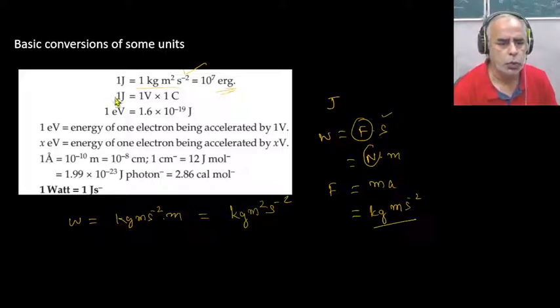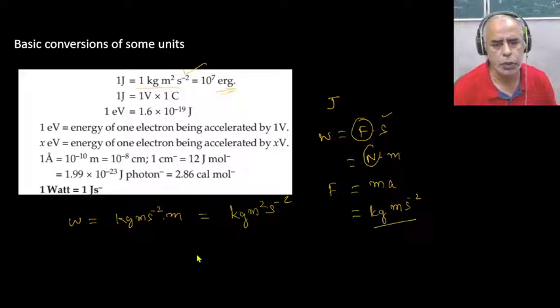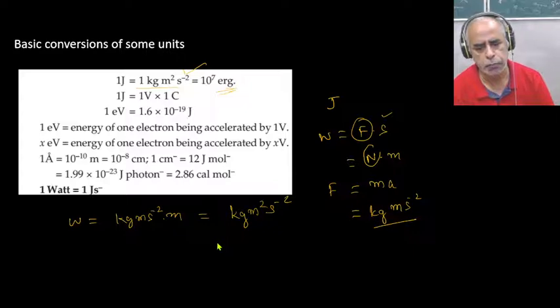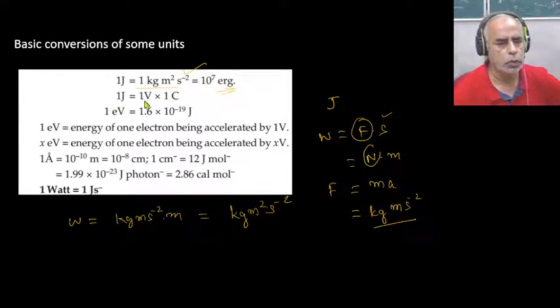Now 1 joule can also be represented in terms of voltage and coulomb. Because it involves some electric charges, when we talk about electric charges, automatically the voltage and the charge of electrons are represented in coulomb. So in terms of volt and coulomb, we can say 1 joule is equal to 1 volt into 1 coulomb, that is 1 volt coulomb.